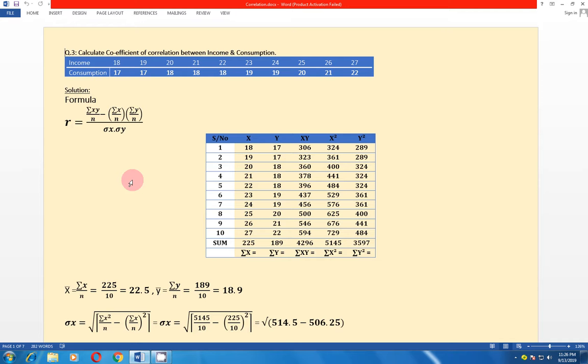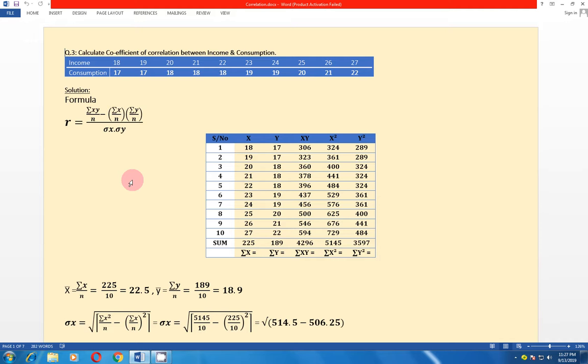Before the calculation of correlation coefficient, we will have to discuss some properties of correlation coefficient. First of all, the answer of correlation coefficient always ranges between -1 to +1, both inclusive.